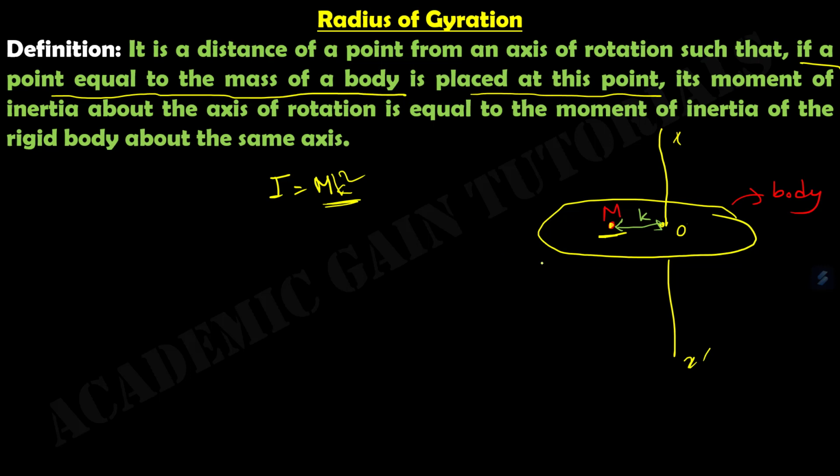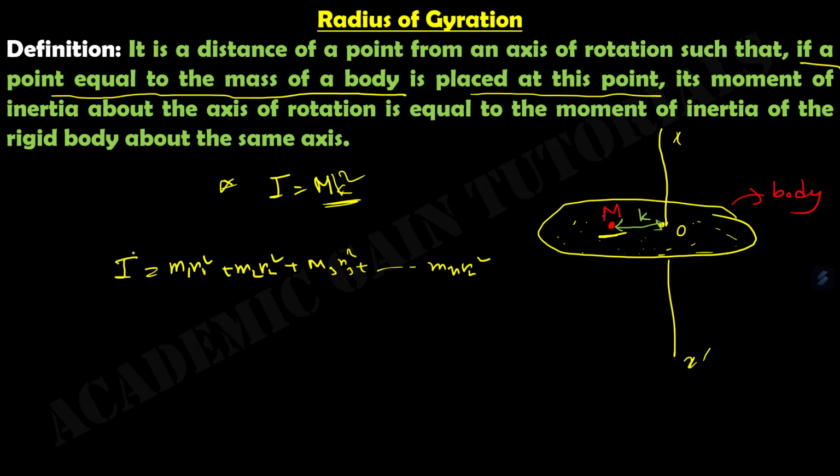So if we have to find the inertia of this rigid body, then we will use the formula m1 r1 square plus m2 r2 square plus m3 r3 square plus up to mn rn square for the different points, up to n points, to find the inertia of this whole body.